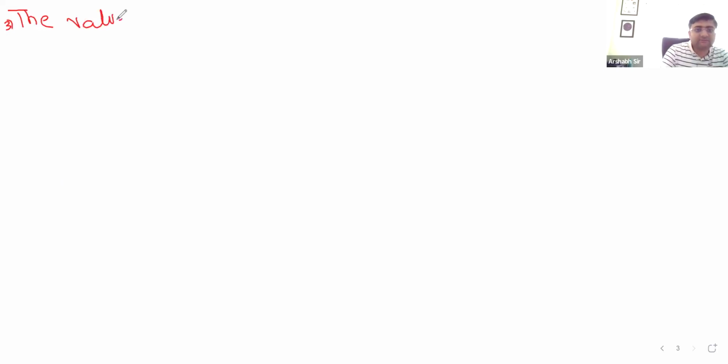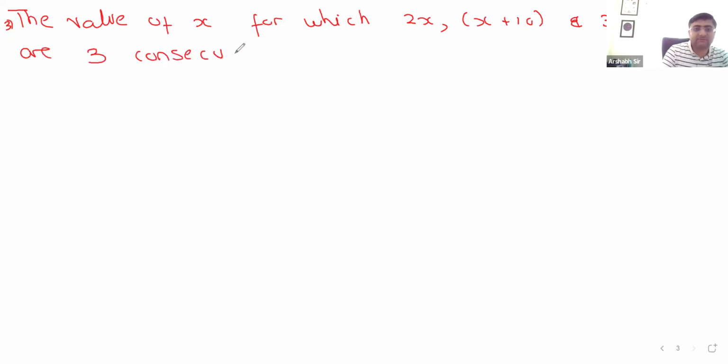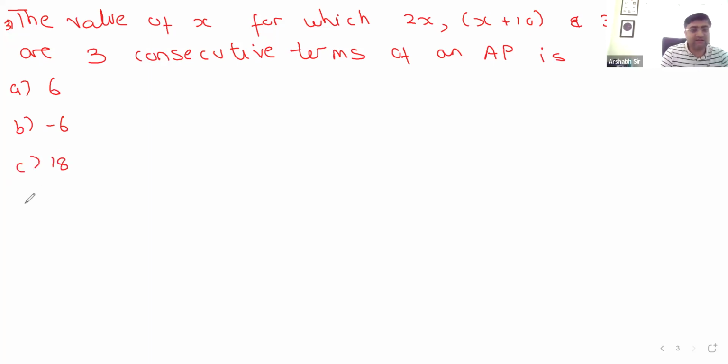The value of x for which 2x, x plus 10 and 3x plus 2 are three consecutive terms of an AP is option A 6, option B -6, option C 18 या option D minus 18. This came in Delhi 2020. हाँ जी, please try, send me the answer in chat.